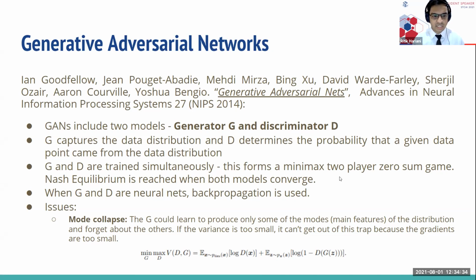These two are CNN networks, which are trained simultaneously in a minimax two-player zero-sum game. And when they both reach Nash equilibrium, they are said to have converged. Since they are CNN networks, they obviously involve a lot of backpropagation.